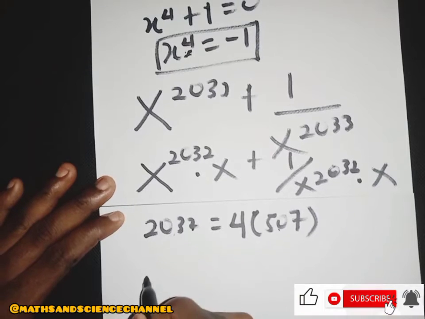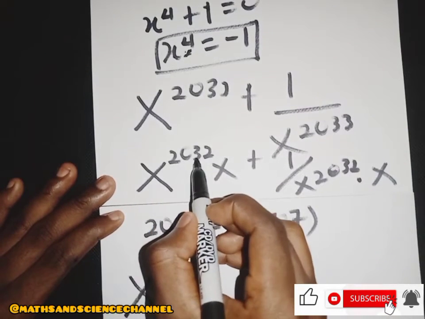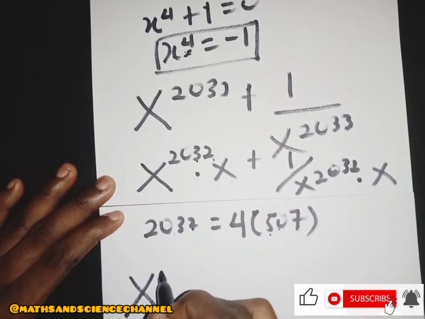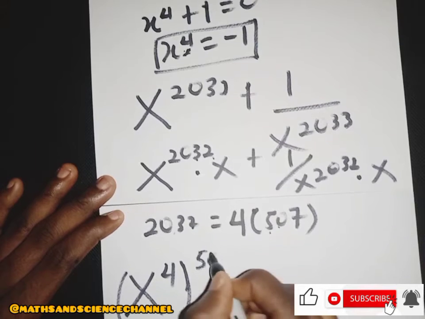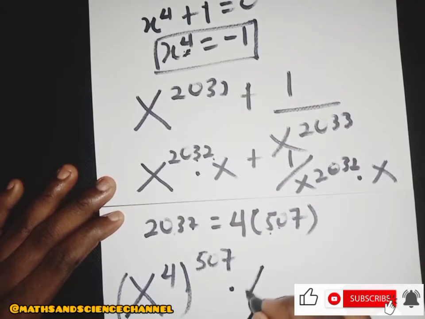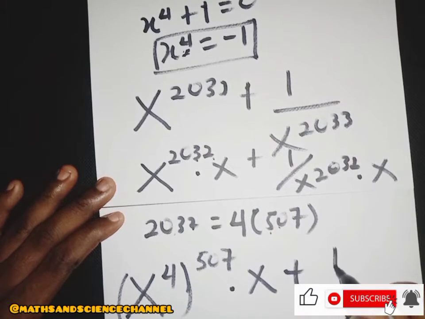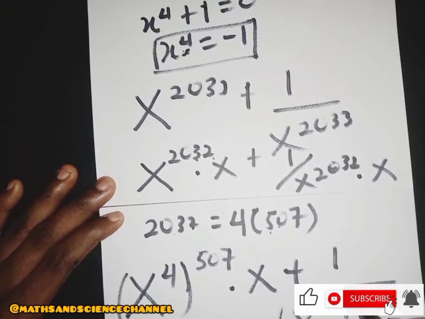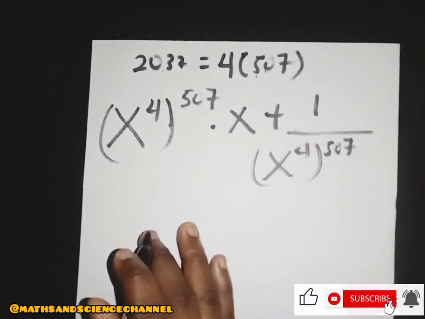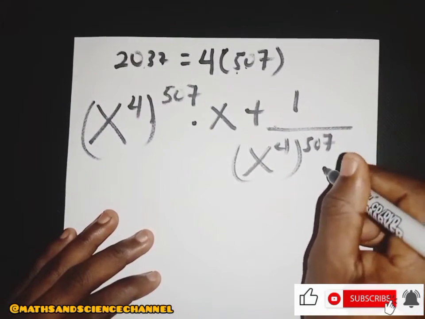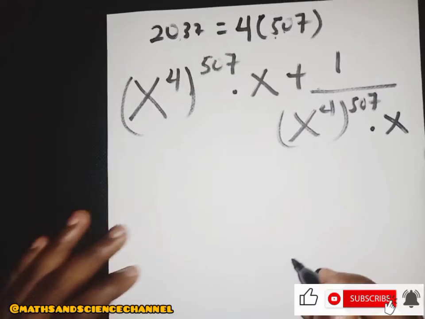So let's replace that. Replacing that, 2032 here now becomes 4, and then to the power 507 multiplied by s here, and then we have plus 1 all over s to the power 4, all to the power 507 in this case, and then we have multiplied by just s in this case.